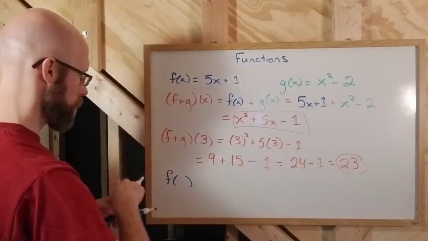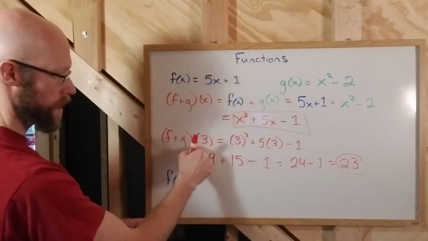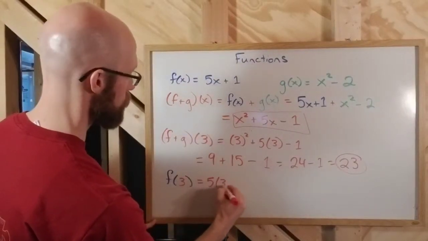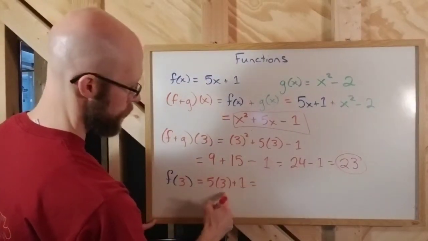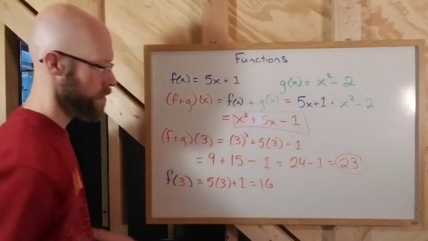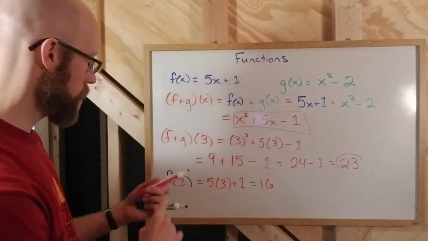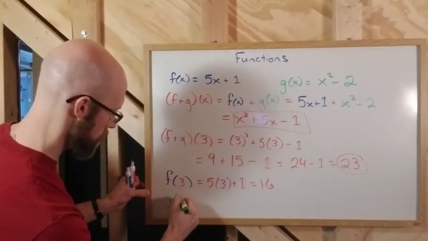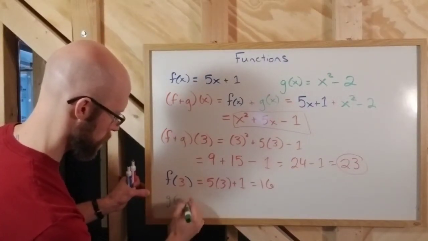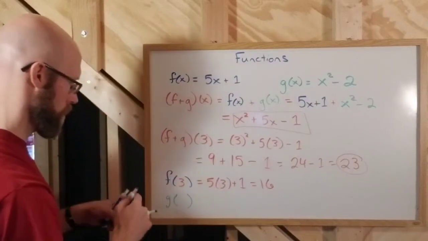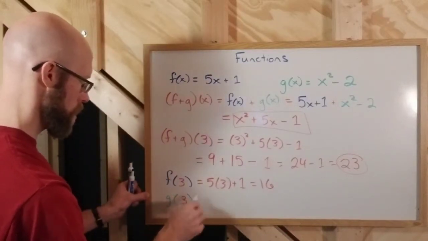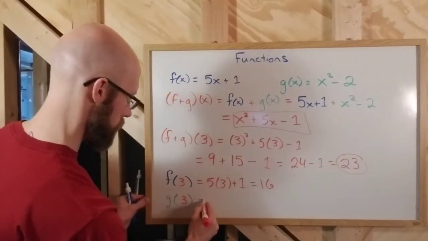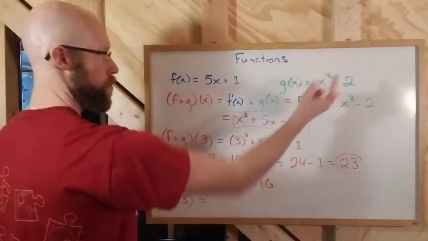You could do f of 3, and just taking that 3. That will give you 5 times 3 plus 1. 15 plus 1 is 16. Okay. And then you could do g of 3. Color coordinate a little bit there. G of 3 is, be consistent, 3 squared minus 2.